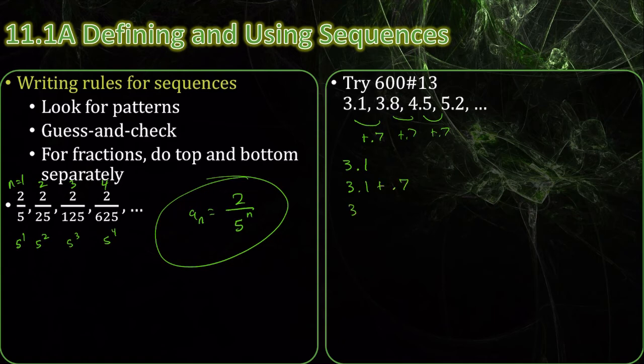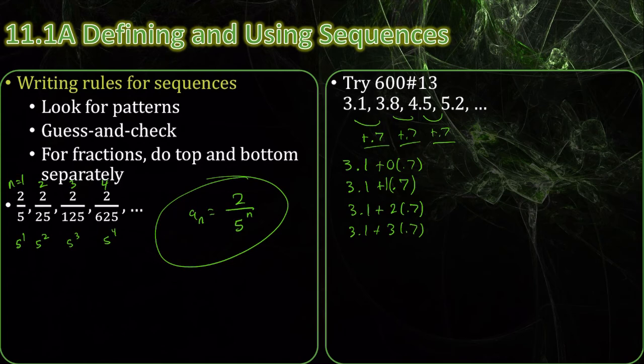The third number is 3.1 plus 2 times 0.7. And our fourth number is the 3.1 plus, well, there's three of them now, 3 times 0.7. So this would be like 1 times 0.7 and 0 times 0.7.